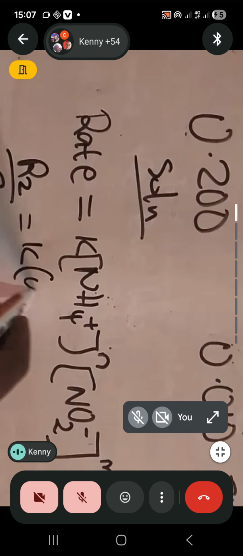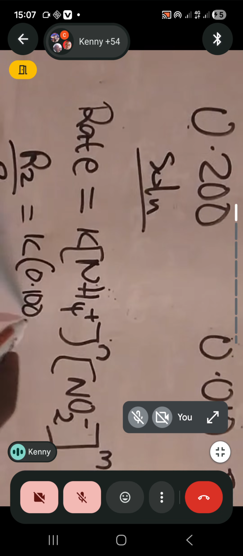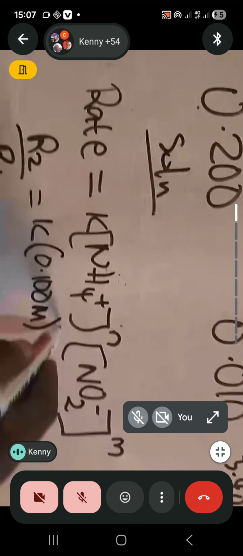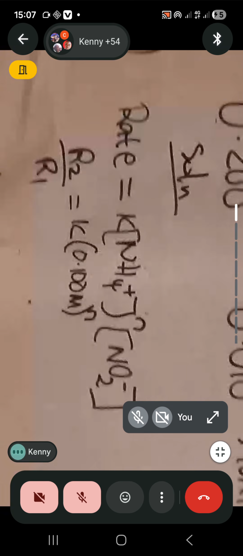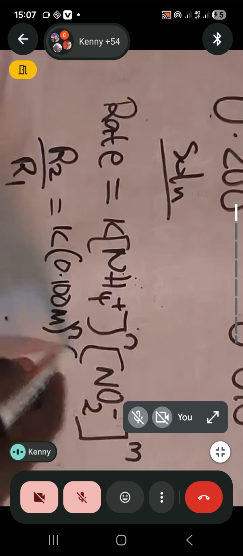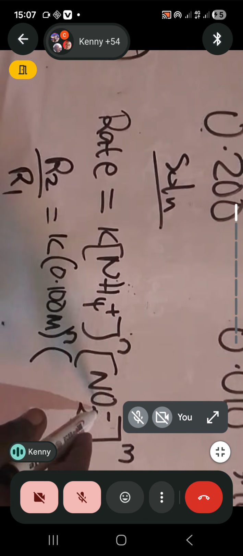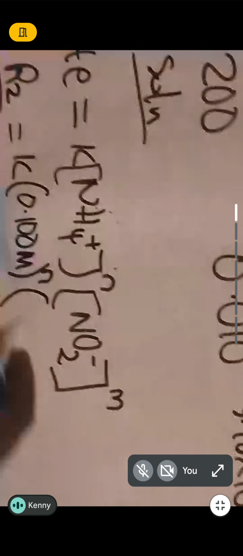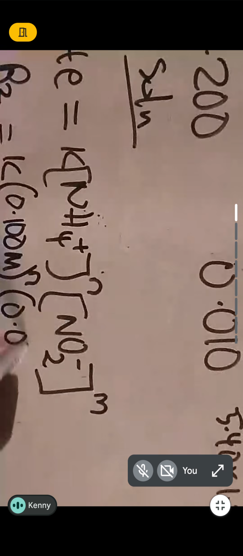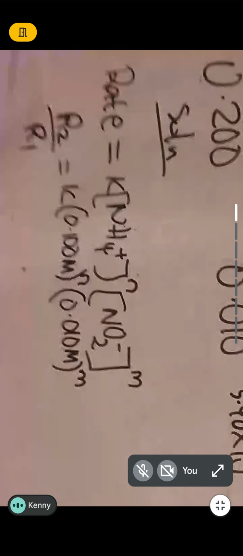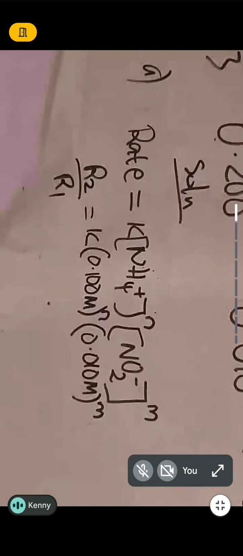So you write here 0.100 molar to the power n, times the concentration of NO2 minus for rate 2, which is this one, 0.010 molar to the power m.